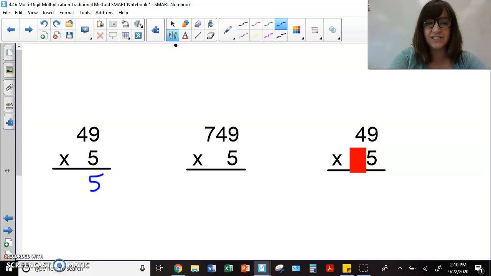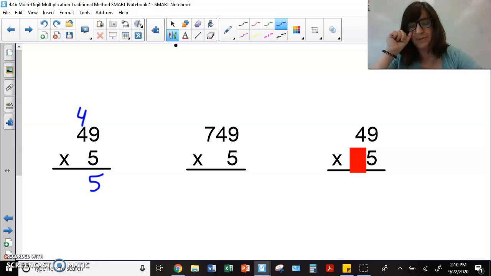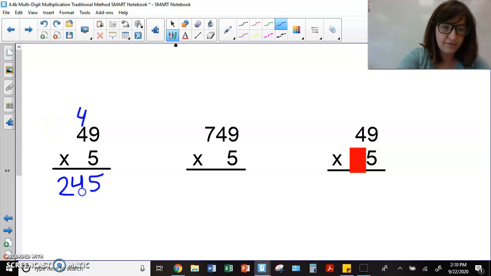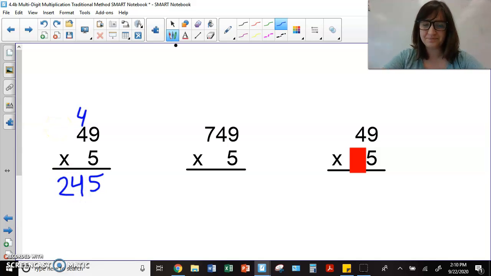So if my answer is 45, I'm going to carry my 4 and write my 5 at the bottom. Now I'm going to multiply 5 times 4. Well, 5 times 4 is 20. 20 plus 4 more is 24. I have nothing more to carry over here, so I'm going to write 24 down here.